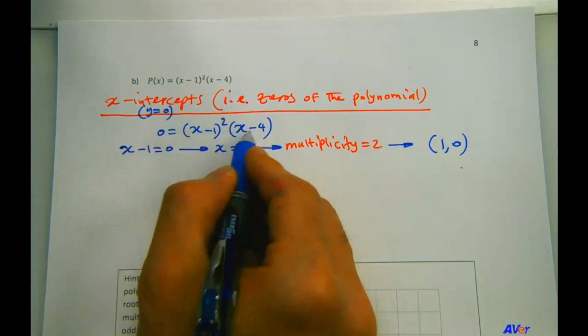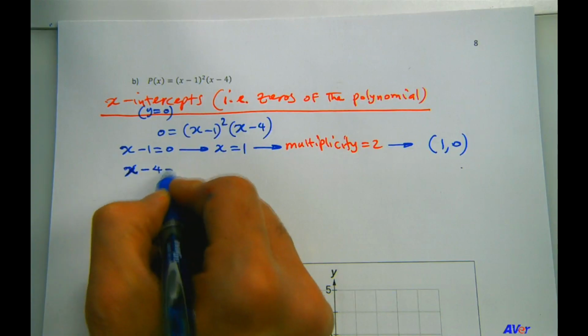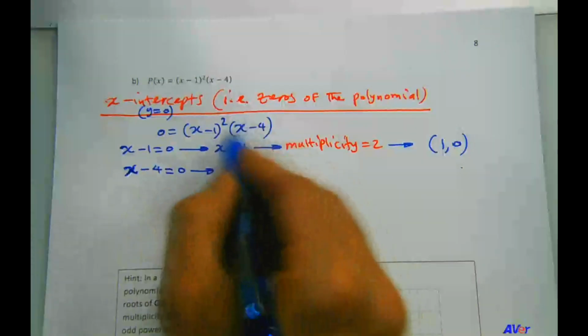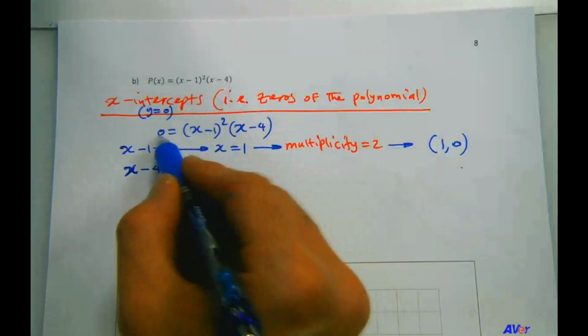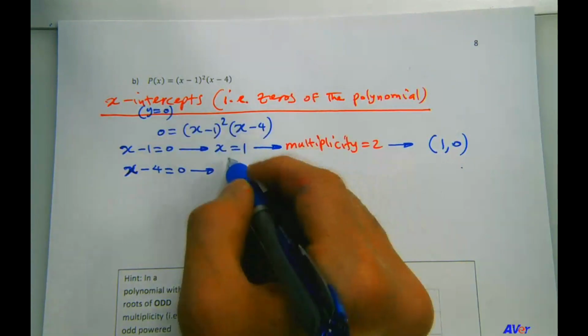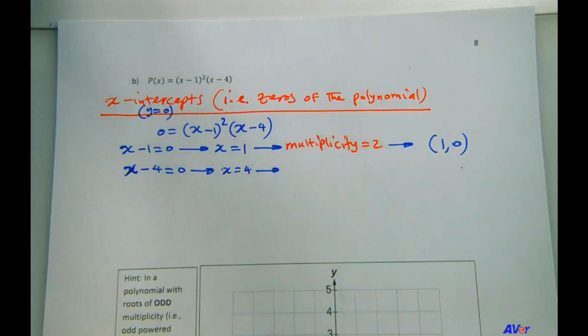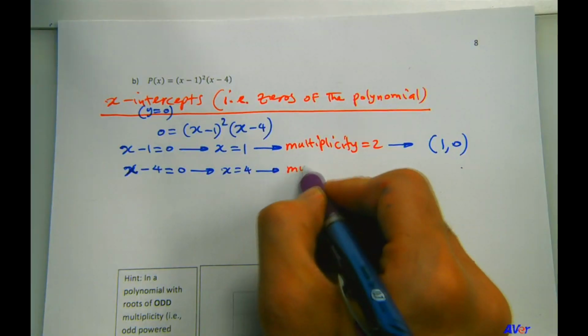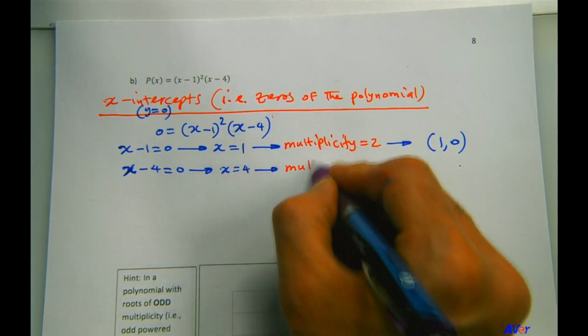And this next factor is x minus 4 equals 0, right? So when that factor is equal to 0, it'll multiply everything by 0, so the whole polynomial will equal 0 at that point. So x equals 4. That zero has multiplicity equal to the power of that factor, right, which is 1.